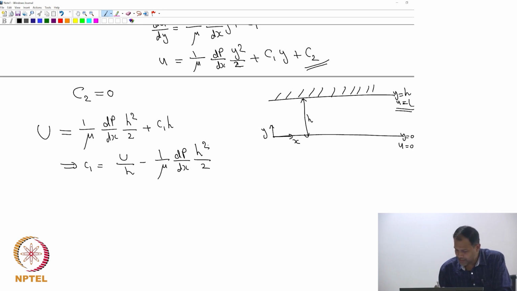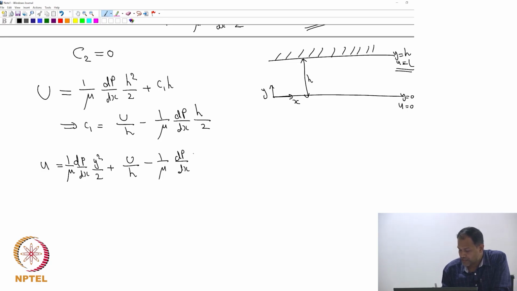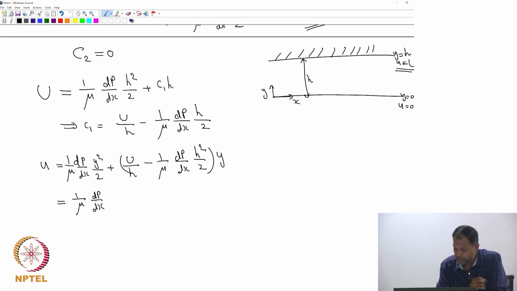What mistake did I do? Oh, there is an h here, so this is gone. Okay, correct. So, that means my u is going to be 1 by mu dp by dx y square by 2 plus U by h minus 1 by mu dp by dx h by 2 times y, and that is equal to 1 by mu dp by dx into y square by 2 minus h y by 2 plus U y divided by h.